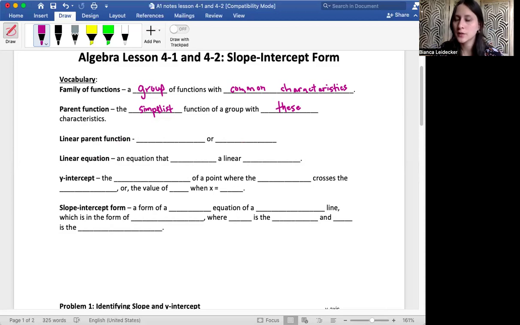A linear parent function is this: y equals x. Or because we have the word function, it would be f of x equals x. A linear equation is an equation that models a linear function.